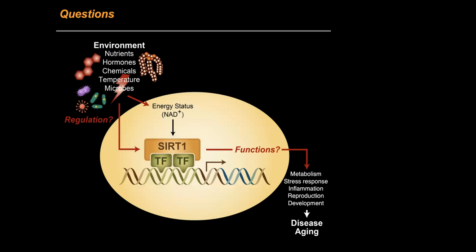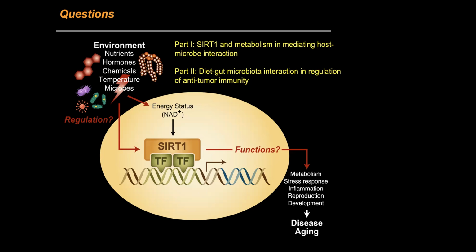In my lab, we are focused on the regulation and the function of SIRT1, which is the most conserved member of this family in mammals. SIRT1 is predominantly a nuclear protein, and its protein substrates include transcription factors, cofactors, splicing factors, and histones. So today I plan to divide my talk into two parts.